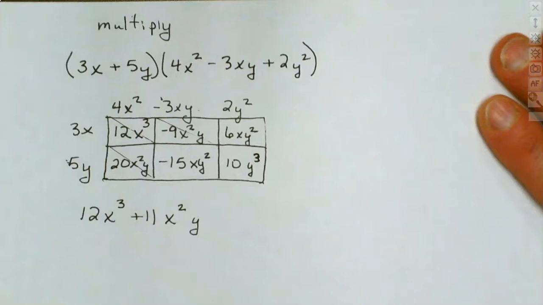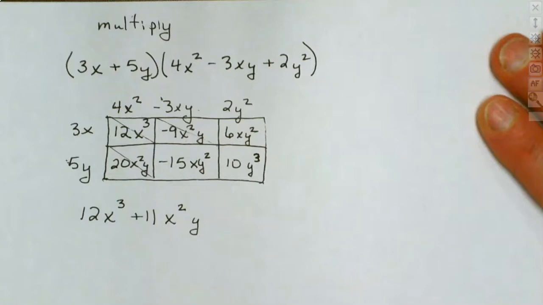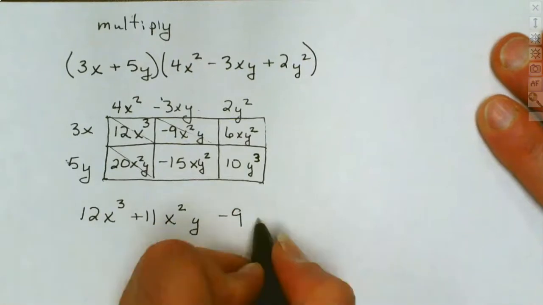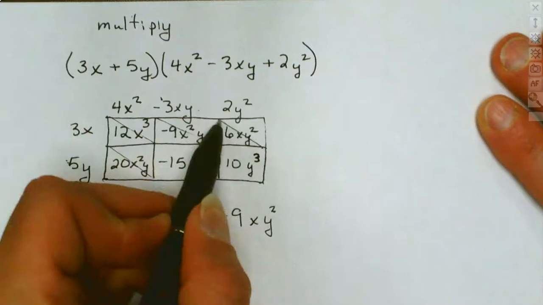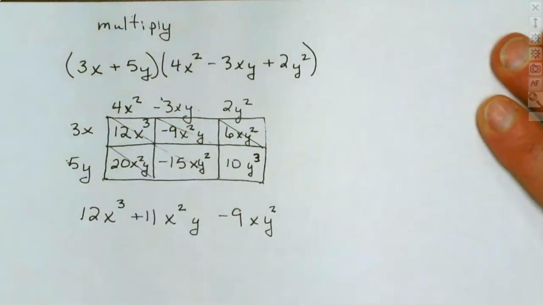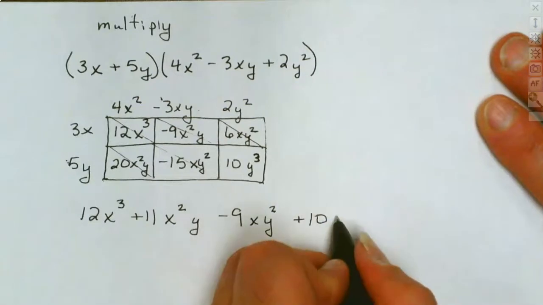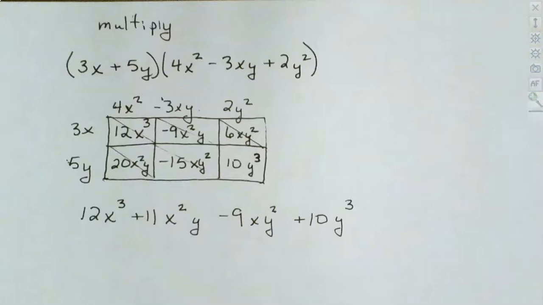And then what's next? These can go together. And minus 15 plus 6, that should make it a minus 9. X, y squared, gone and gone. And then what's left over on the end? 10y cubed.